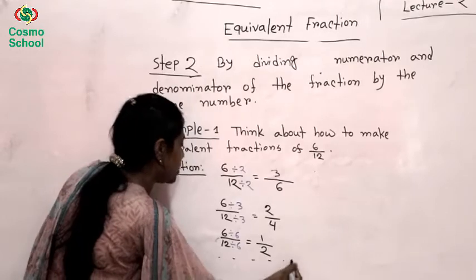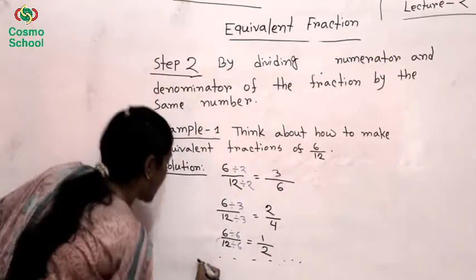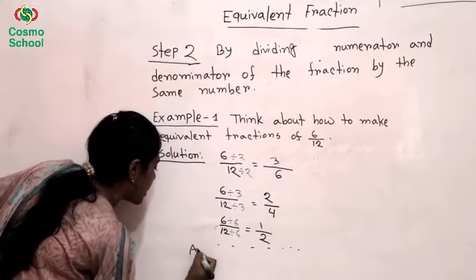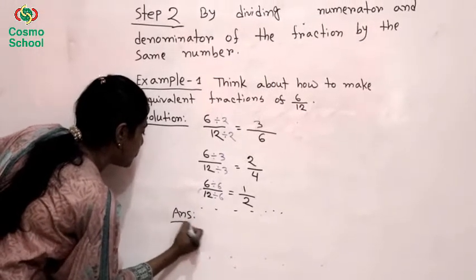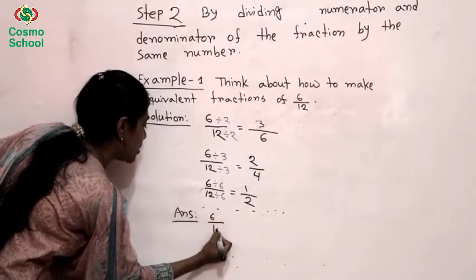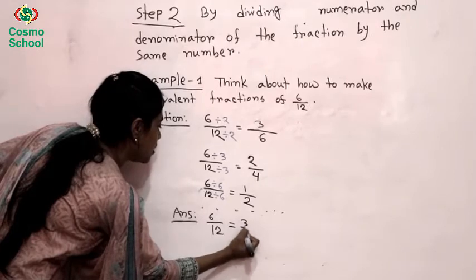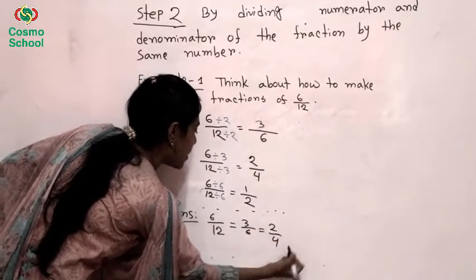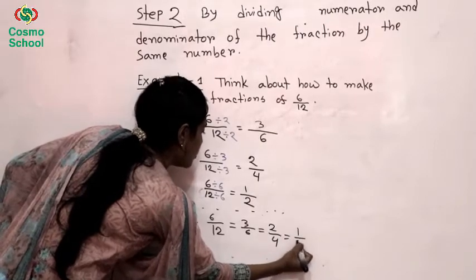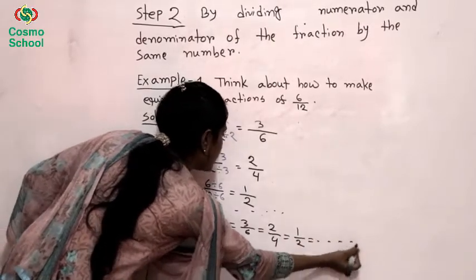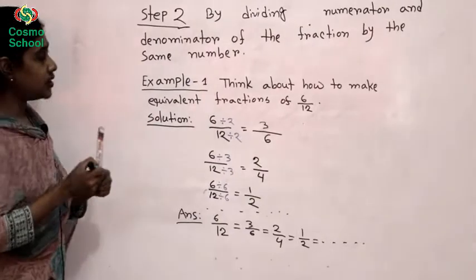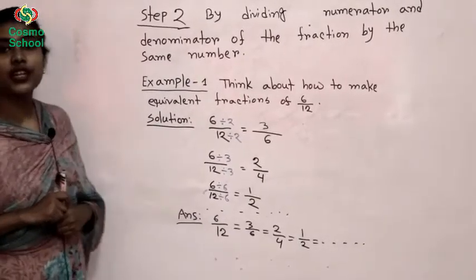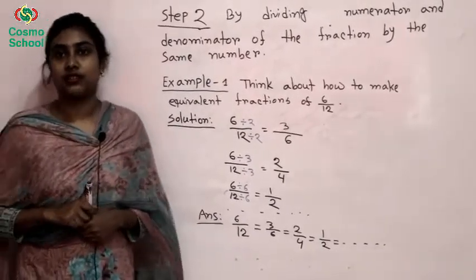This is a continuous process and I get the result: 6 divided by 12 equals 3 divided by 6, 2 divided by 4 and 1 divided by 2. This is the concept of equivalent fraction.